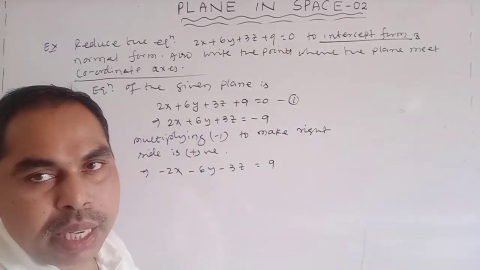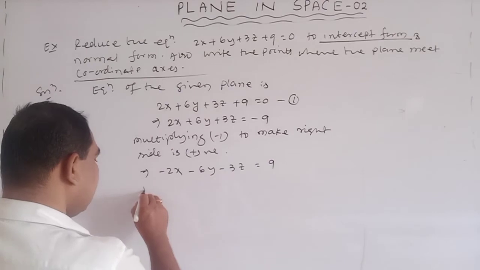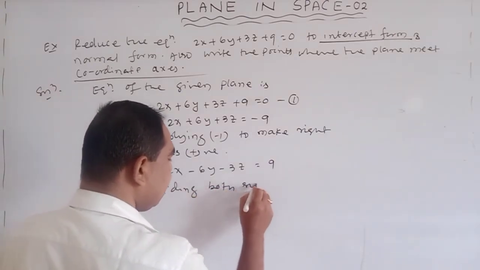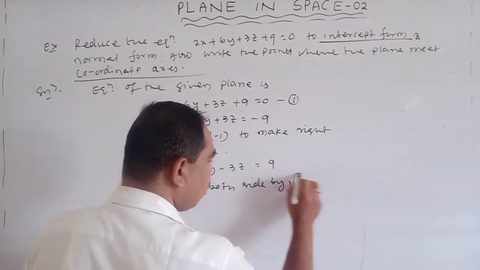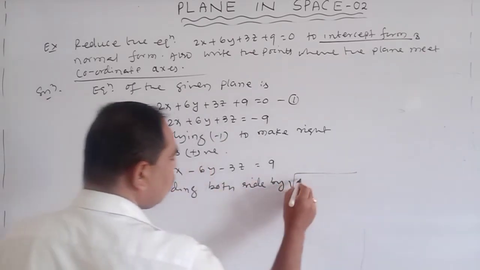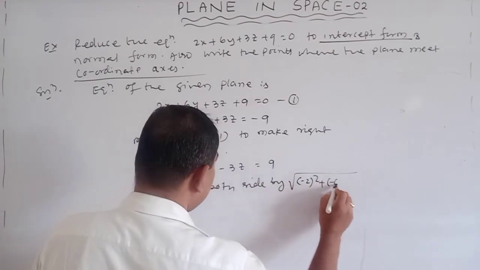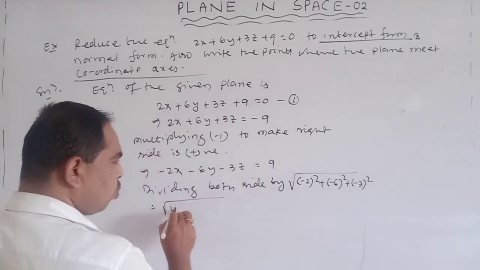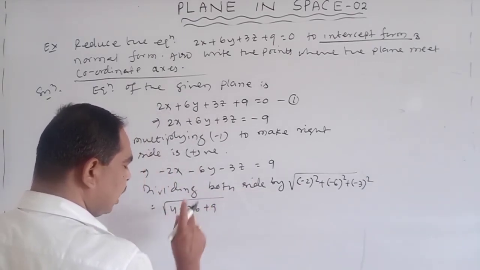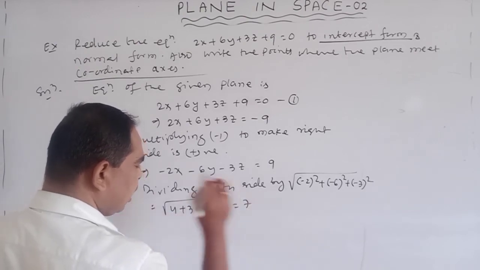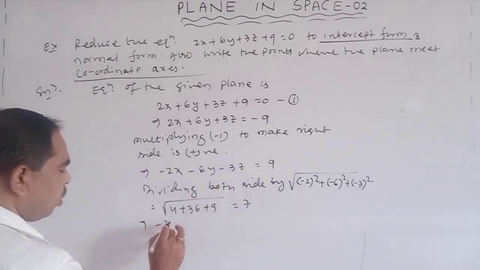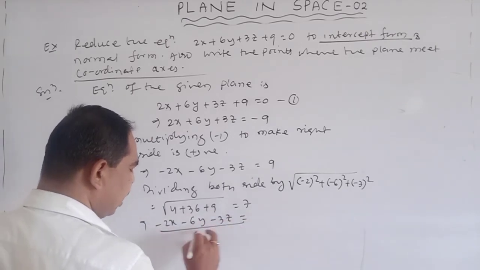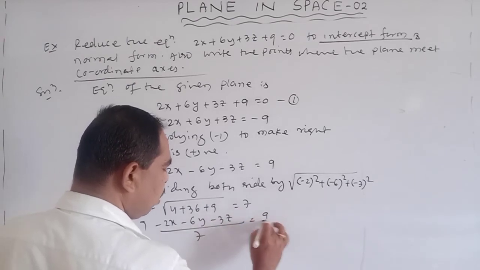Next, dividing both sides by the square root of minus 2 squared plus minus 6 squared plus minus 3 squared, which is 4 plus 36 plus 9, so 40 plus 9, 49, square root is 7. This implies minus 2x minus 6y minus 3z by 7 is equal to 9 by 7.